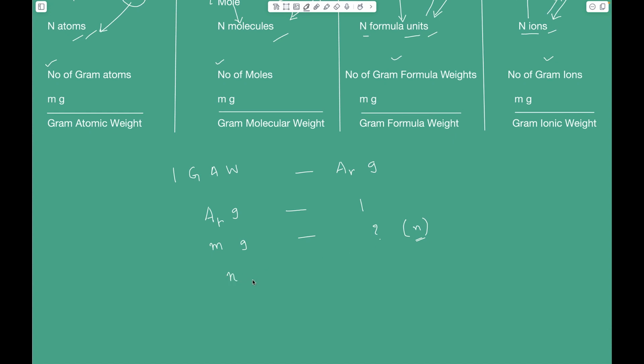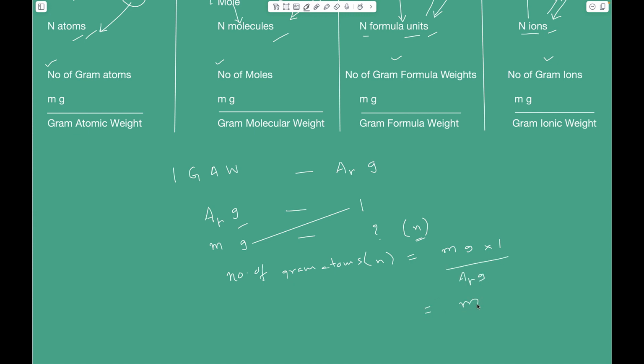Then the number of gram atoms, or small n, will be equal to, you have to multiply these two terms and divide that product with this one. So it becomes m grams multiplied with 1 over AR grams.